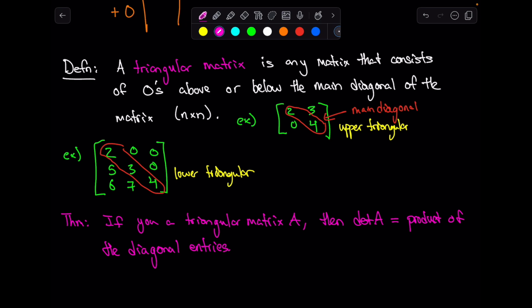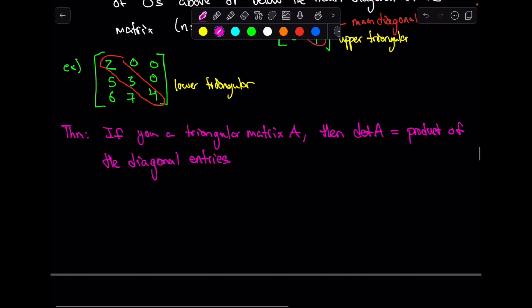Now, why is this going to make sense? Well, let's see if I can show it using the example that I just gave right above. If we try and do this, it's probably a good idea to expand along this row right here.